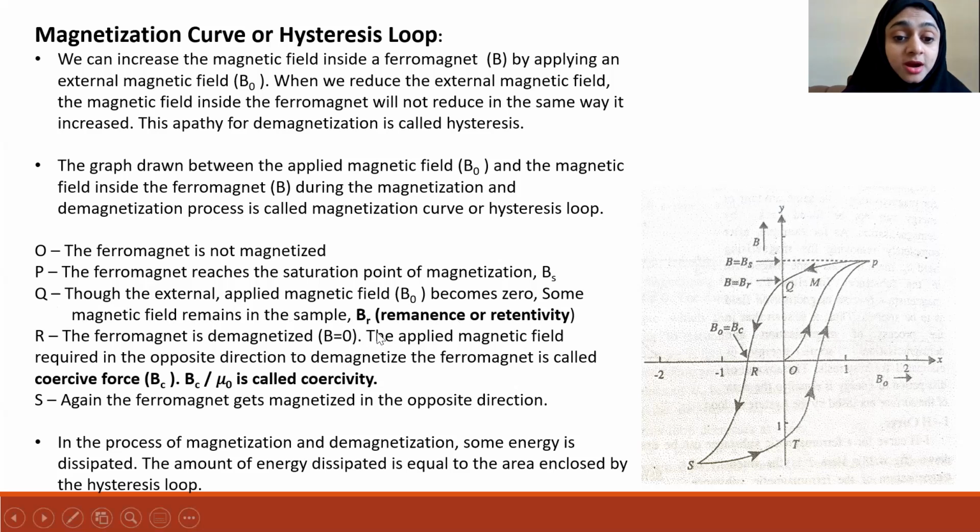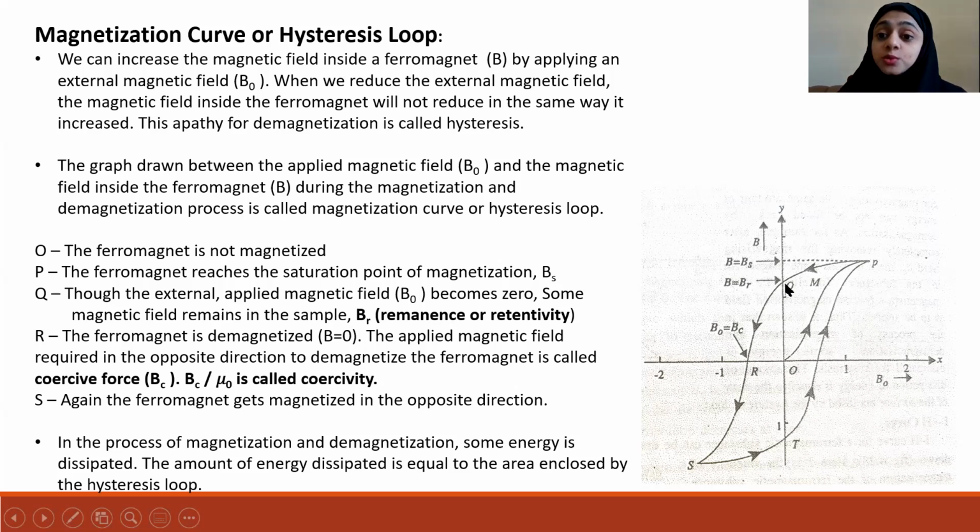So what is Br? Br is the remanence or retentivity, that is, the magnetic field retained by the ferromagnet even after the applied magnetic field is removed. Also remember, these values of saturation point or remanence will be different for different ferromagnets.